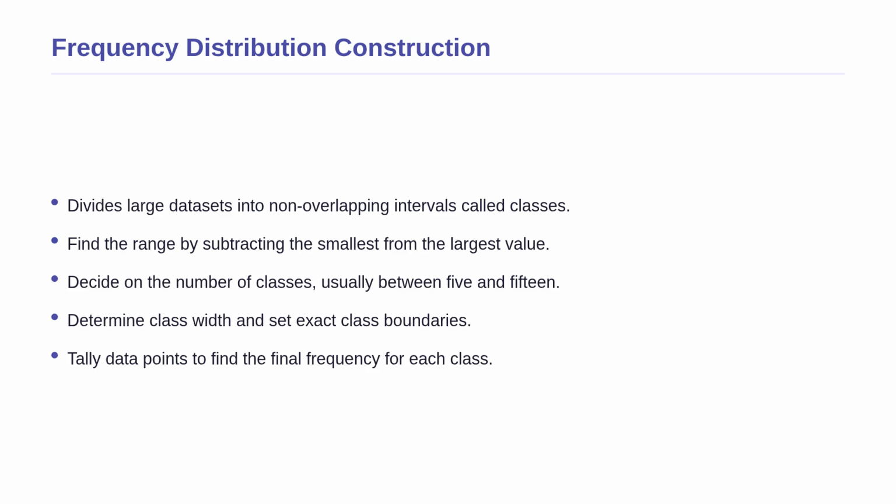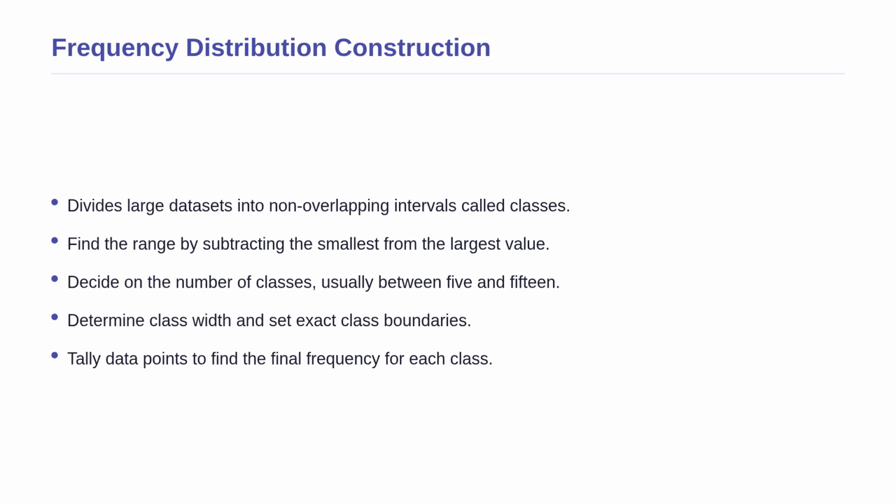To build these tables, we use a fundamental tool called a frequency distribution. A frequency distribution is simply a summary table that divides a large data set into smaller, non-overlapping intervals called classes. It then records how many data points fall into each class. To build one from scratch, we follow a strict step-by-step procedure.